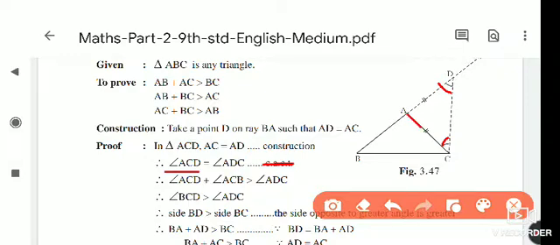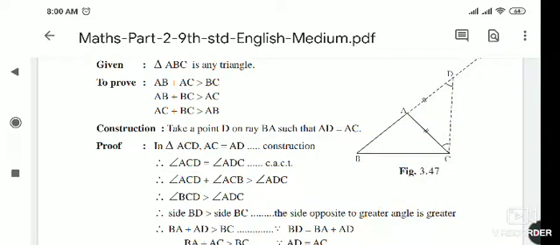If we add angle ACB, this angle, to angle ACD, meaning we do the addition of both, then the whole angle DCB is greater than angle ADC.